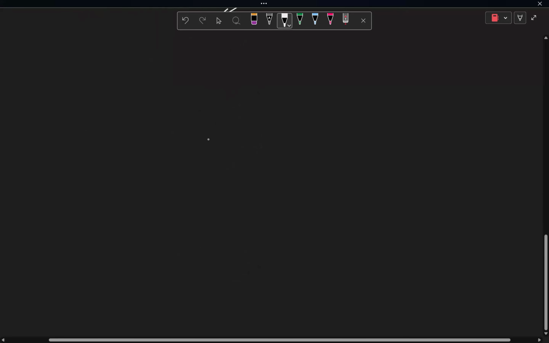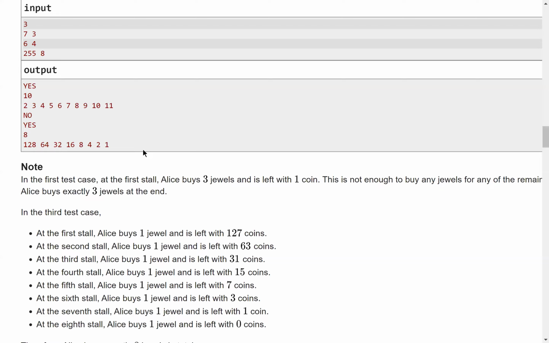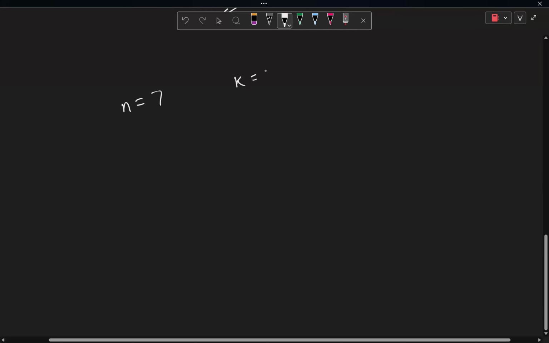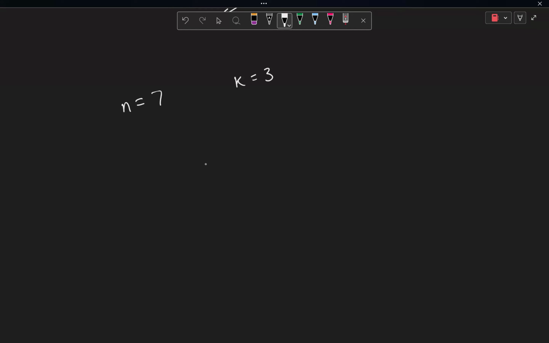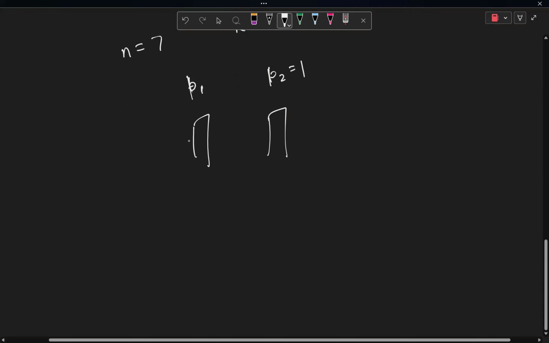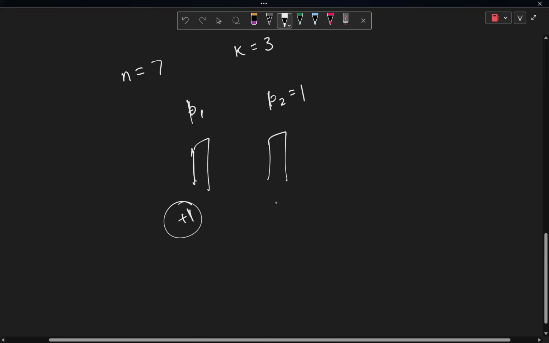A better idea which I had in mind, I got instantly when I looked at the problem for n equal to 7 and k equal to 3. I just got the idea: what if I say the cost is 5 initially or something like this? Like I just say a number. For stall 1, I have P1, and for stall 2, I have P2 equal to 1. If I have something like this, and I make sure that Alice buys only one item here, she should be left with k minus 1 coins at the end.